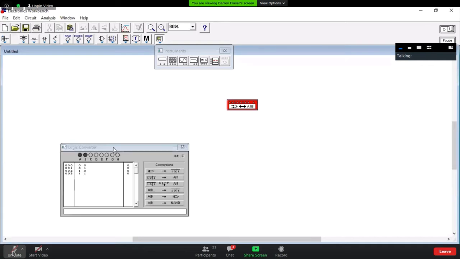Now if you look at the JA column, I know what we would write down immediately, but maybe there's somebody who doesn't know how to use the logic converter software, so we'll just demonstrate it.